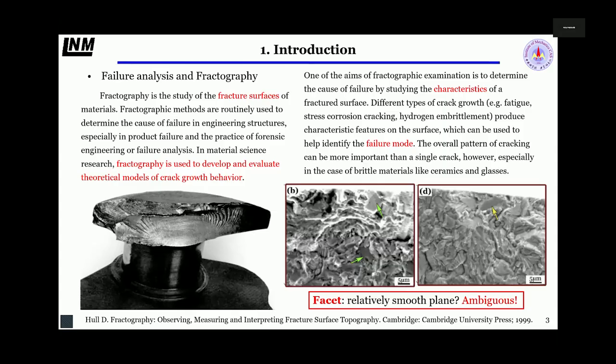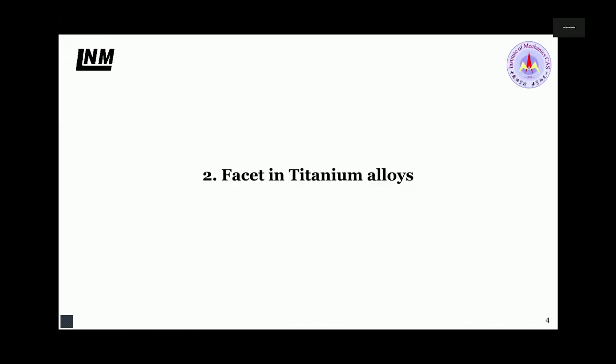The facet is regarded as a relatively smooth plane like this and like this. Quite smooth, but the notion is not well defined. So I will show some examples in titanium alloys.